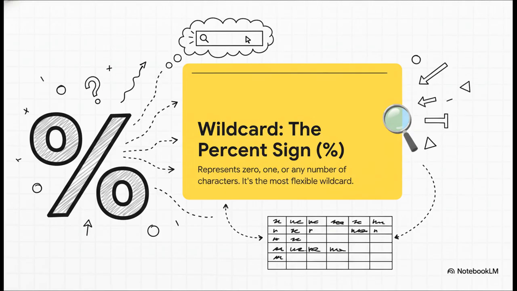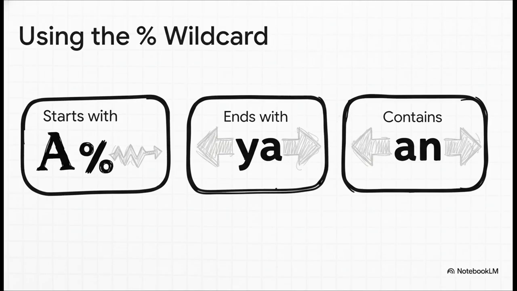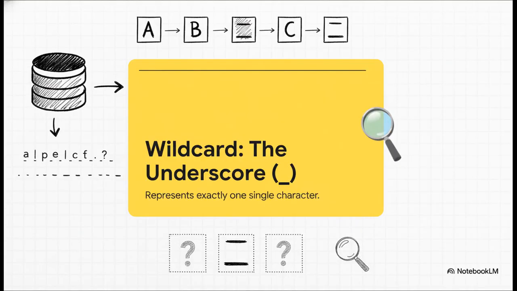It just means any sequence of characters goes here. And you can get really smart with this. Slap it on the end, and you're searching for something that starts with a specific pattern. Put it at the beginning, and you're looking for something that ends with it. And if you sandwich your text between 2 of them, you're searching for something that just contains that pattern anywhere inside.